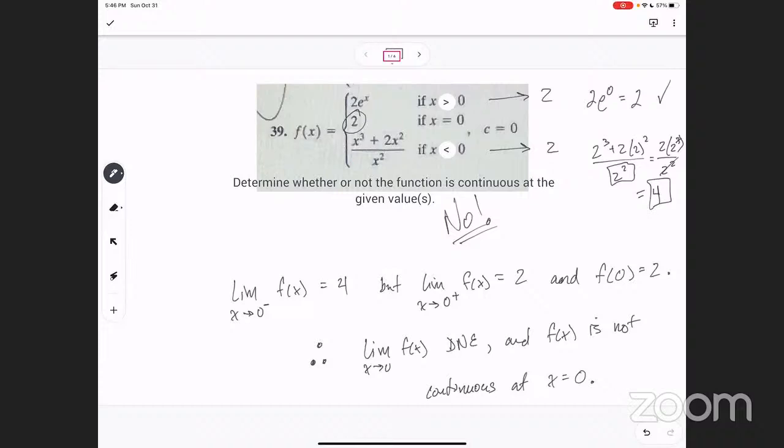The limit does not exist because it is not the same. I don't know how you have to say it, but I think what I've said is probably sufficient. No, you're saying the left-handed limit is 4, the right-hand limit is 2, therefore the limit does not exist. And since that's true, then f of x is not continuous.